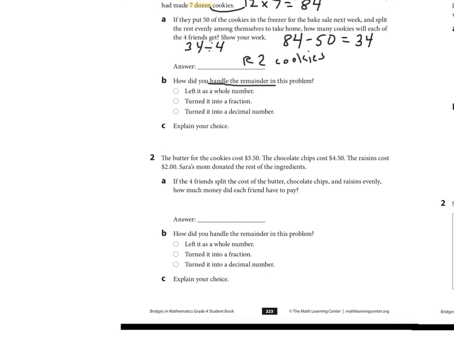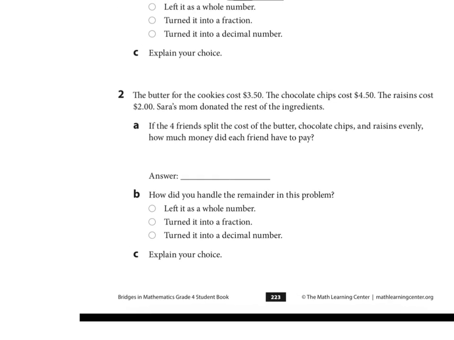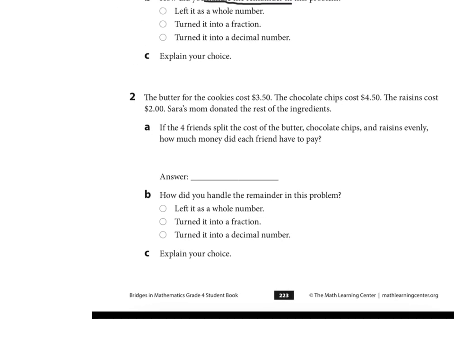Then we have butter for the cookies, $3.50, chocolate chips $4.50, the raisins $2, and Sarah's mom gave them the rest of the ingredients. It looks like they're splitting the cost evenly, so we need to add up all of those prices first.